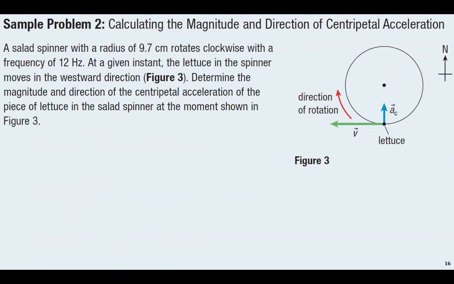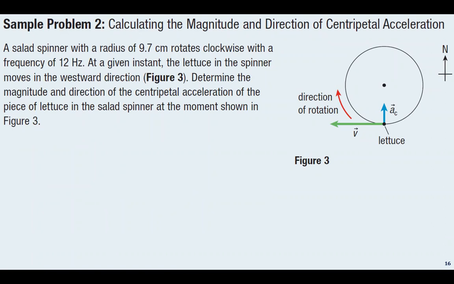Here, a salad spinner with a radius of 9.7 centimeters rotates clockwise with a frequency of 12 hertz. At a given instant, the lettuce in the spinner moves in the westward direction, which is shown here in figure 3.